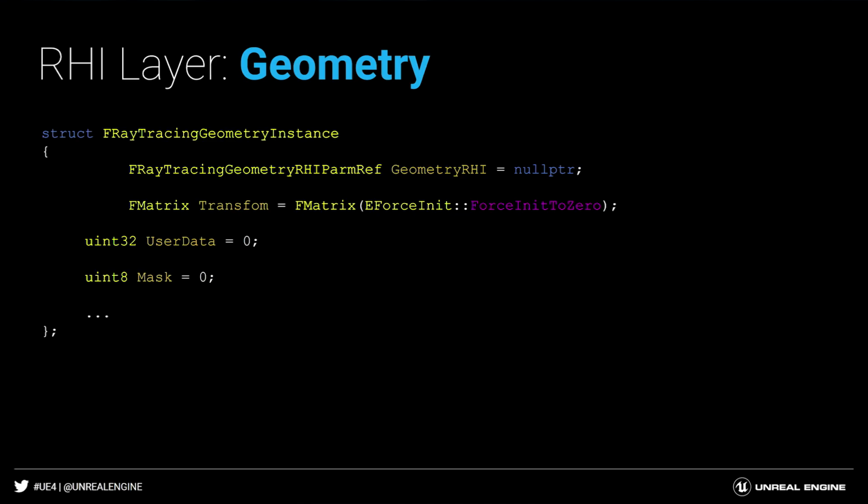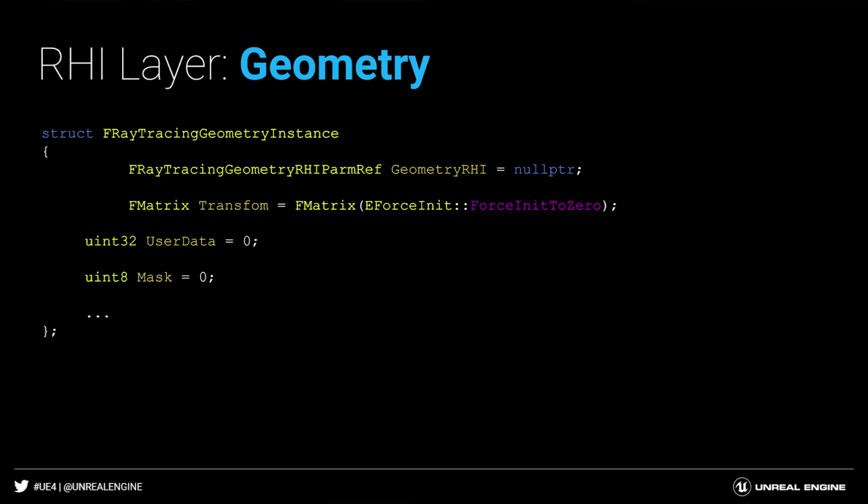Another common thing that I don't have in the initial slides, but is incredibly useful, is the ray tracing geometry instance. This binds transform data directly to the geometry that we have in the scene. It's a bit of a memory compaction for things like static meshes. This can be a huge win. For other things, it's just a nice encapsulation layer. The other two components that are worth mentioning are the user data and the mask.